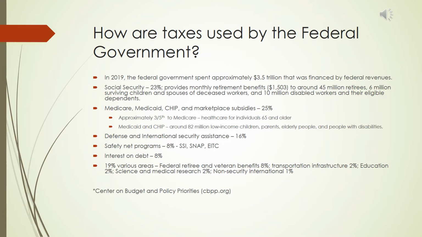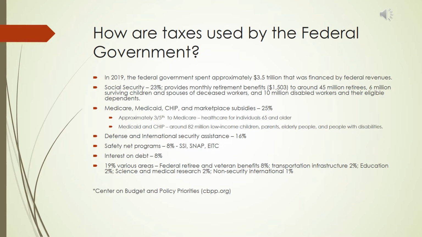Medicaid and CHIP provide services for around 82 million low-income children, parents, elderly people, and people with disabilities. The U.S. government spends around 16% of taxes on defense and international security assistance, 8% on safety net programs like SSI, SNAP, and the Earned Income Tax Credit, and another 8% on interest of debt.